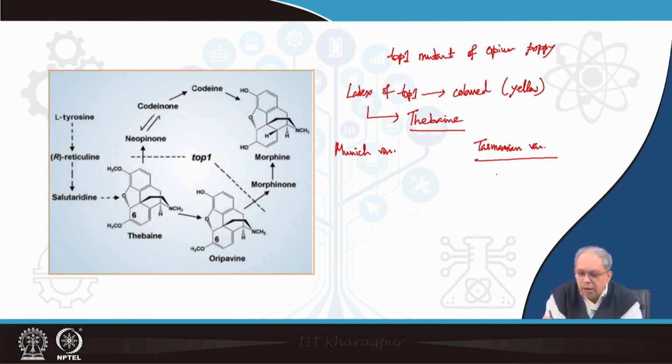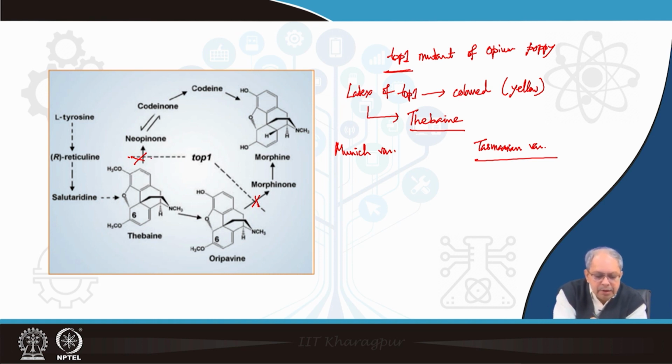The opium poppy seeds from the Tasmanian variety were mutated and finally, they recovered the top 1 mutant. And when they analyzed the alkaloids in the top 1 mutant, they found that this mutant accumulates thebaine and oripavine, not the other downstream metabolites.